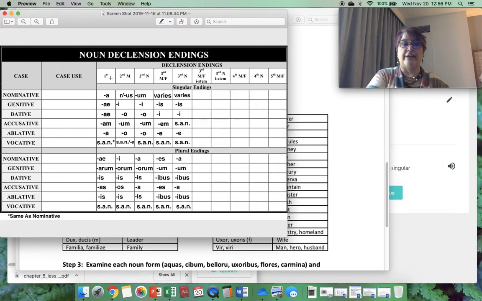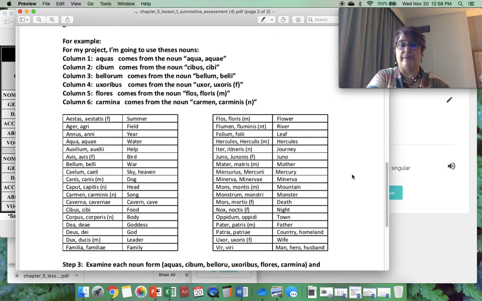And the only way I know which specific column to look at is by knowing the declension and gender of the noun. So when you make your video, I'm asking you to explain how you know what declension and what gender the noun belongs to. So if I were to pick the noun aquas, and it comes from aqua, aquae, I would tell you that this noun belongs to first declension, and I know that because of the AE.